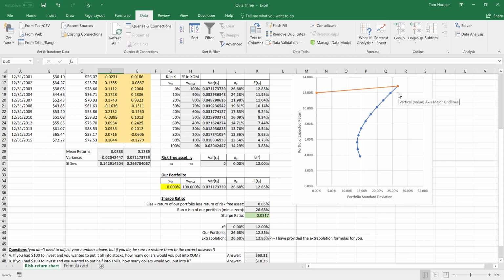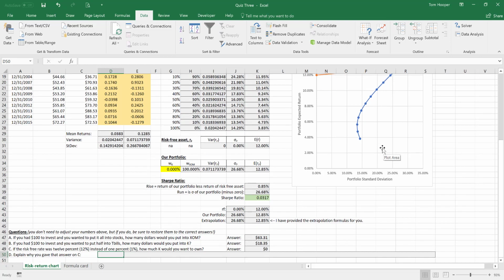If you can explain to me in your own words, come by and tell me why you know that, obviously by inspection, and I'll give you the rest of the credit if you missed half credit on that problem. But the answer I'm looking for is because $0 in K maximizes the Sharpe ratio.